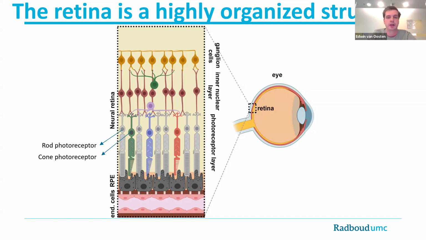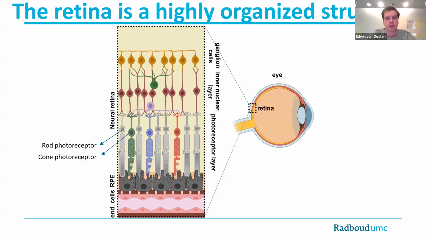These photoreceptors are responsible for the conversion of light into an electrical signal, and this happens at the photoreceptor outer segments. And from this conversion, it's transferred into other neural cell layers to the ganglion cell layer, and this signal will then be sent to the brain where it's processed for visual function.